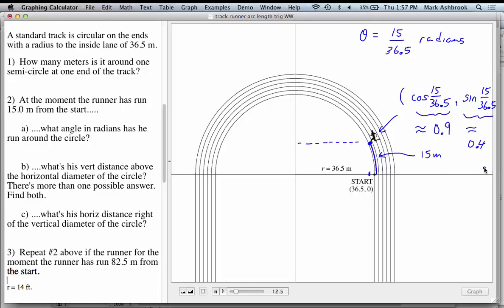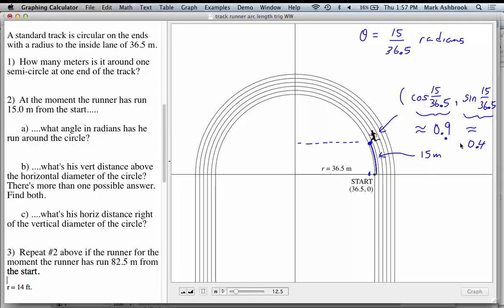Okay. So these are valid coordinates if this point on our graph was 1, 0, right? If this was the point 1, 0, then we would have the valid coordinates for the runner. But since we're showing right here that it's 36.5, that's kind of defining our scale here.